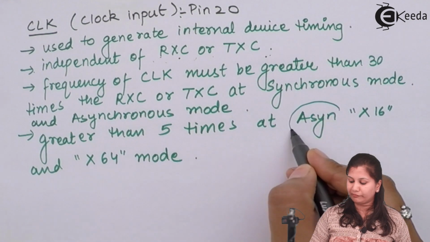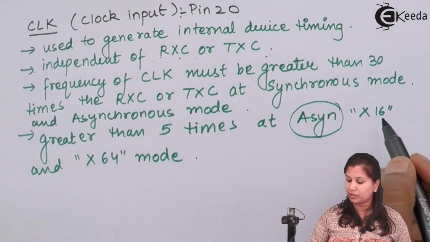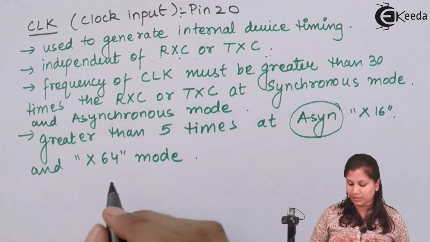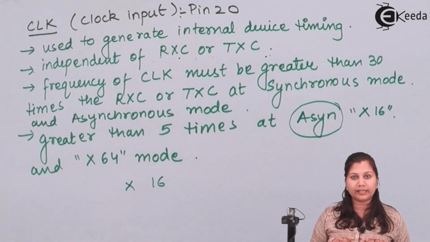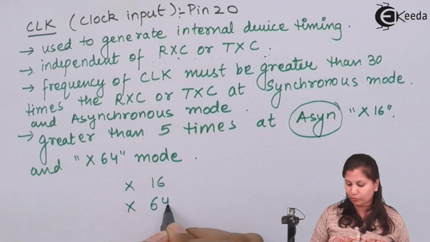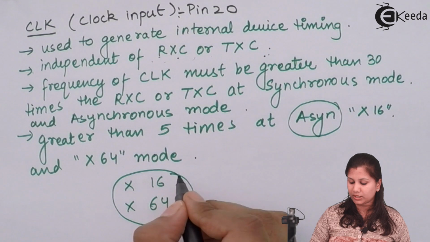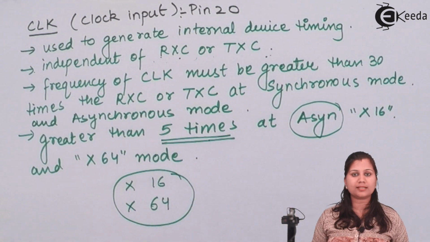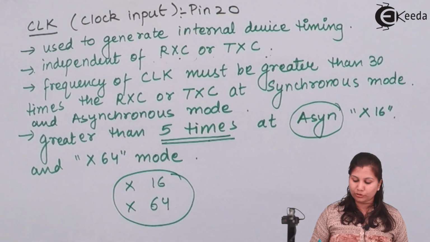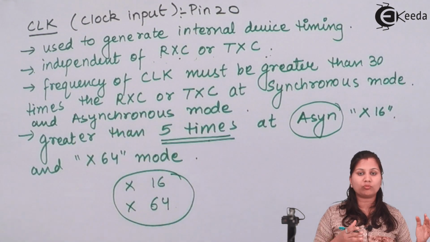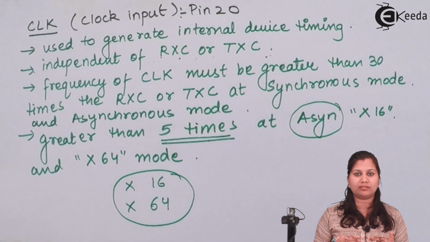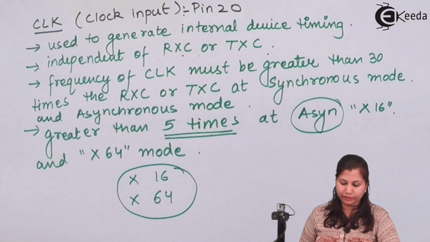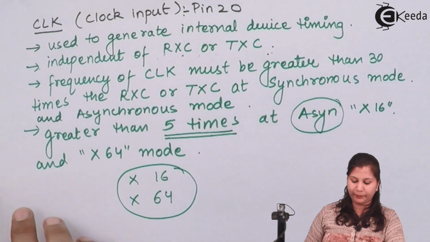When the 8251 is working in asynchronous mode, into 16 and into 64, in these two modes the clock frequency should be greater than 5 times. So this is the specification of the frequency range in the 8251. This was the clock input available at pin number 20.